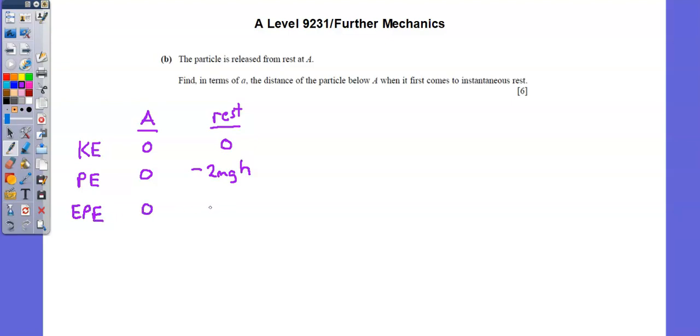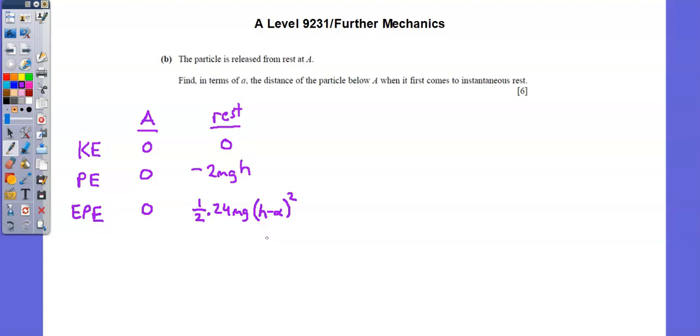Then as a result of the extension, we'll have 1/2 times the modulus of elasticity, given as 24 mg, times the extension squared. The extension I write as h minus alpha.